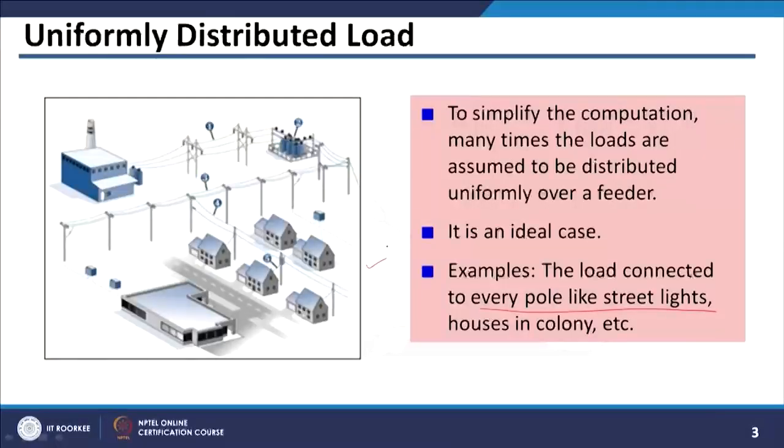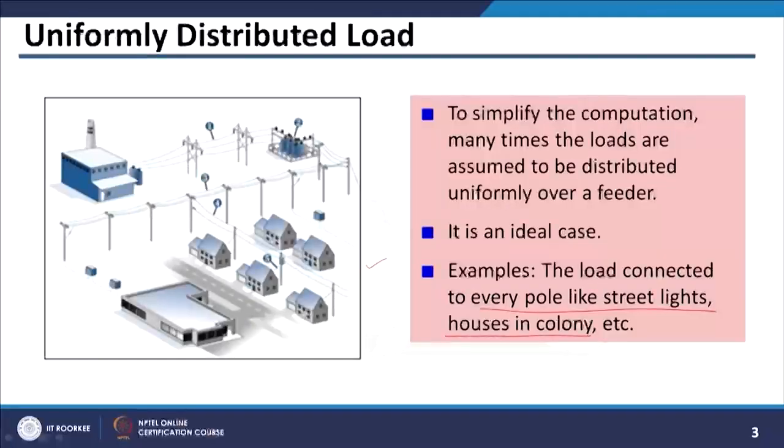Also, as I have shown in this picture, there are many houses connected to the distribution feeder, and the economic background of all the people living in the particular colony may be approximately equal, and in that case also we can model this feeder as a uniformly distributed load.